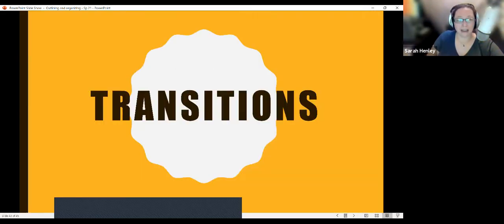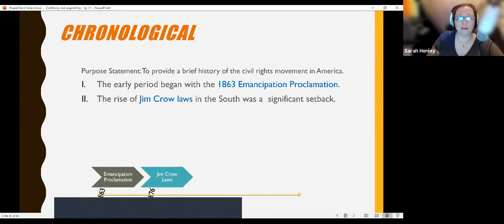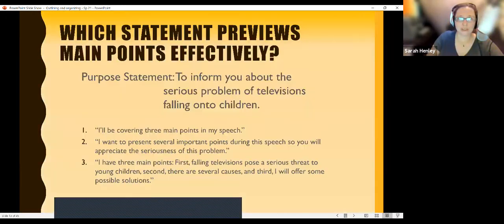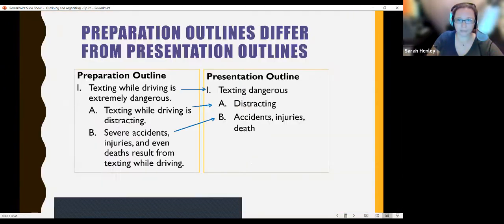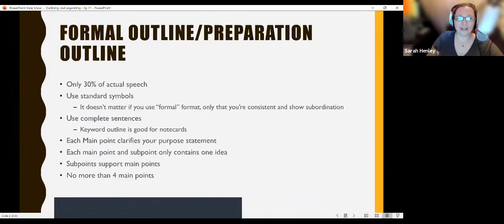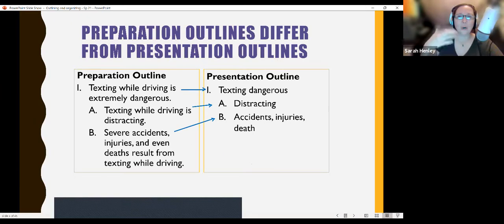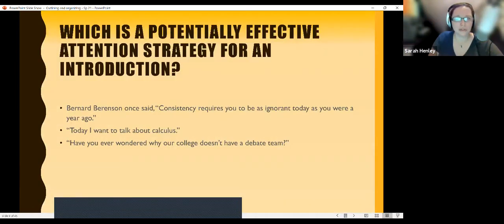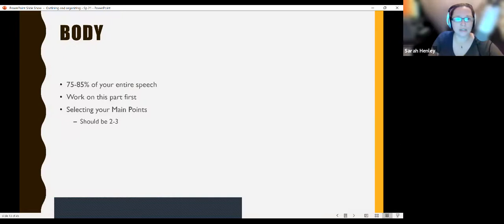All right, that covers our types of organization. When we're building our outline together, we are going to consider what order our information is going in. Sometimes this is just obvious, but I don't want to leave it as a given, because you do need to put some effort and thought into it.